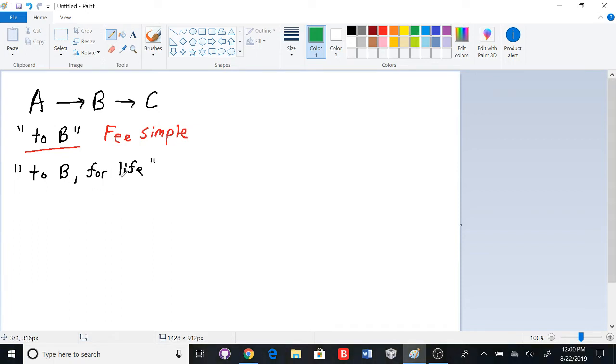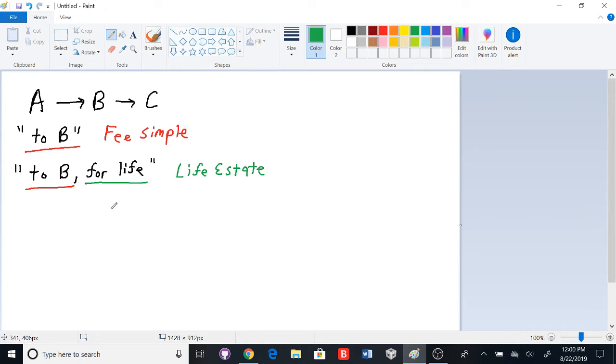But this limiting language here, for life, which I'm going to highlight in green, now alters B's possession because it's limited by its life. So this is now called the life estate. And basically, B takes possession in this for its life, and it's known as a life estate.